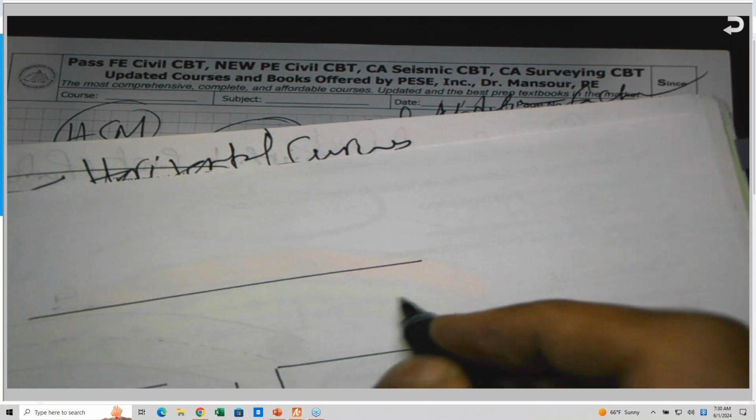Let me draw a picture, okay. Right now, if I understand your question correctly, and forgive me, this is a T intersection, this is a minor street, and this is a major street, and there is a stop sign along the minor street.